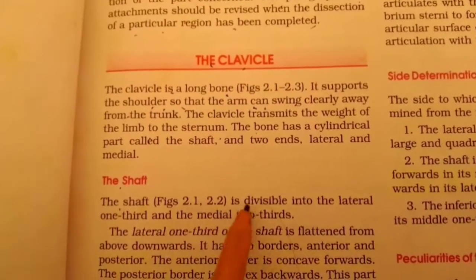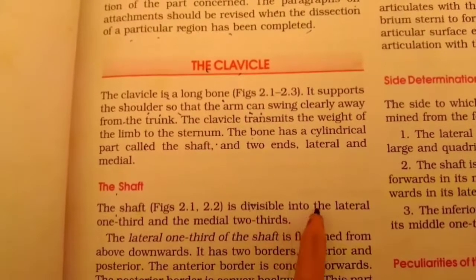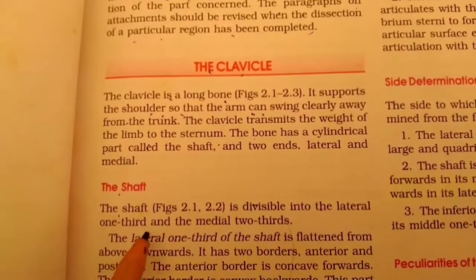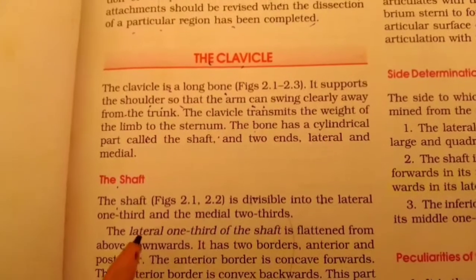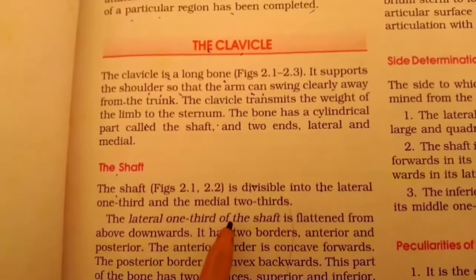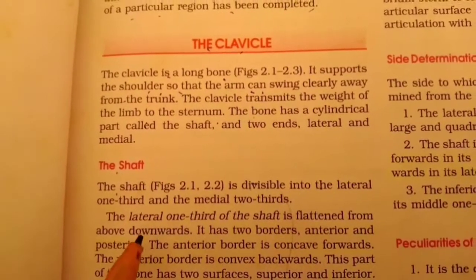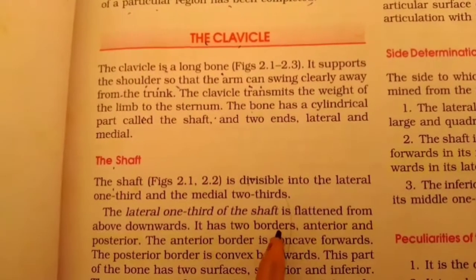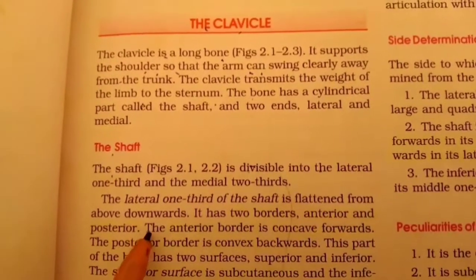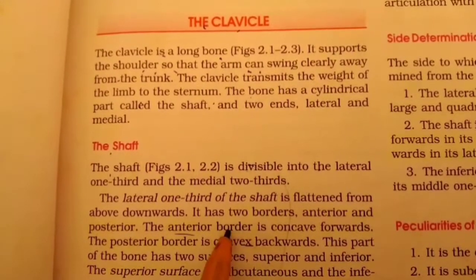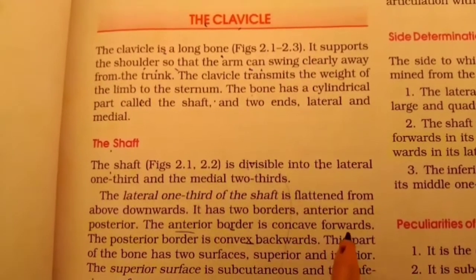The shaft is divisible into the lateral 1/3 and the medial 2/3. The lateral 1/3 of the shaft is flattened from above downward. It has two borders, anterior and posterior. The anterior border is concave forward.